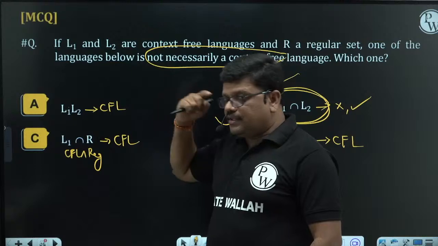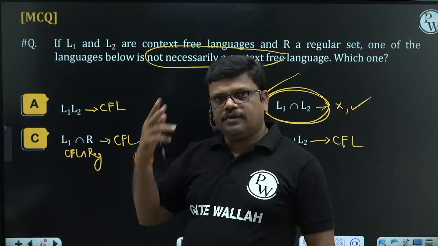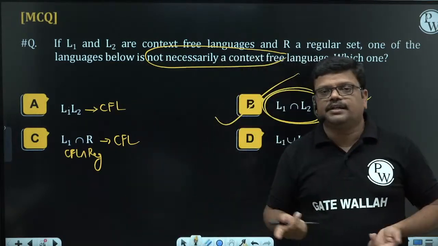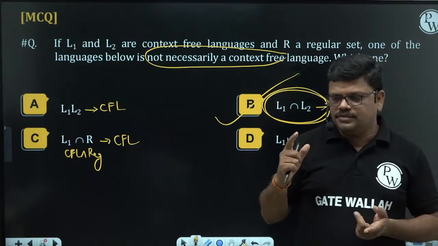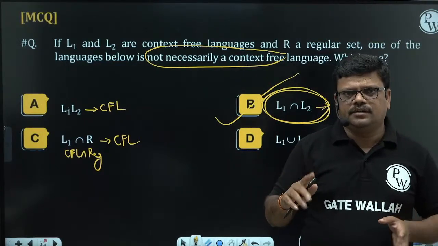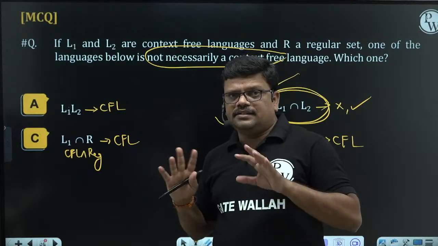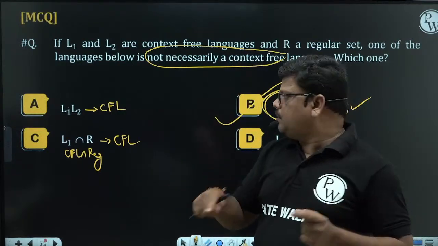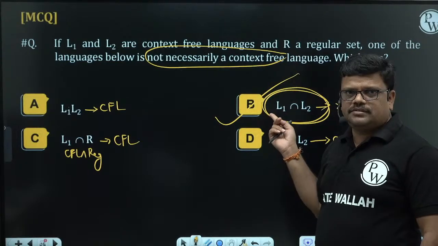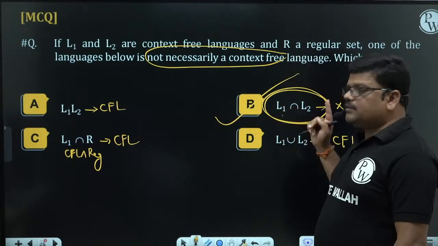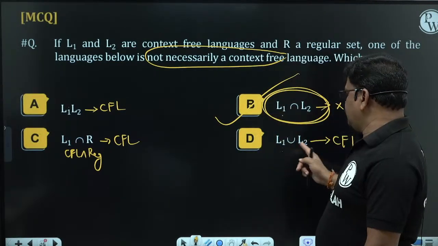Similarly, concatenation, whether it is closed or not, how do I know? From the table. That is the use of the table. If we have the table information, just remembering is not required. They don't ask directly whether it is closed or not closed. They will take two languages, three languages, apply intersection, closed or not, apply union, closed or not.